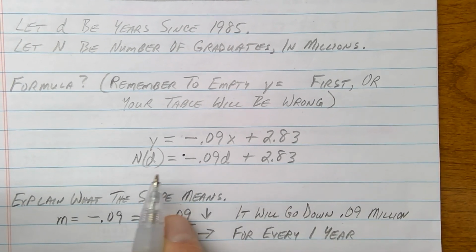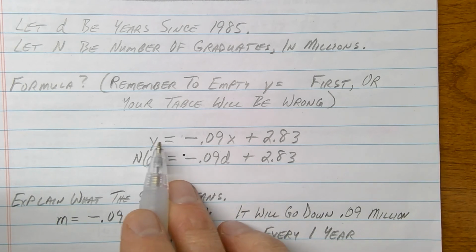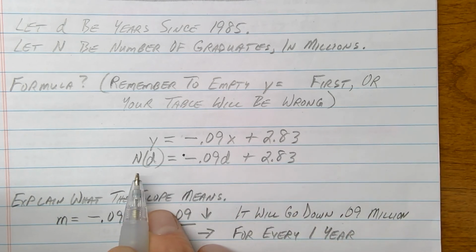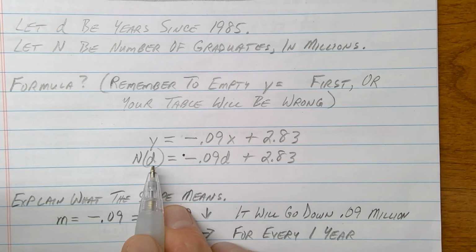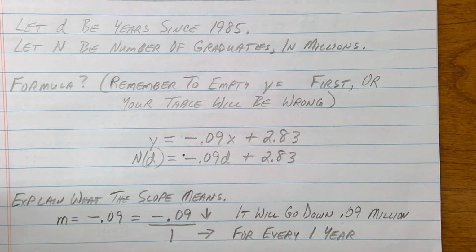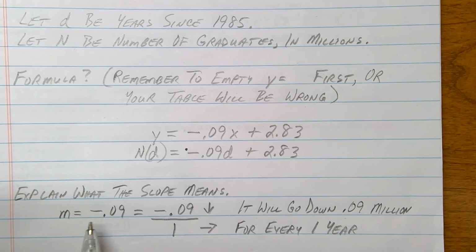All right, so make sure you write the equation. Here's the equation that came out of our calculator. Make sure you write the equation using their letters. The number of students depends on what year it is. All right, explain what the slope means. Our slope's negative 0.09, which is kind of an odd number to work with. The easy way to do it is just put it over 1. You can put any number over 1. So this is going down.